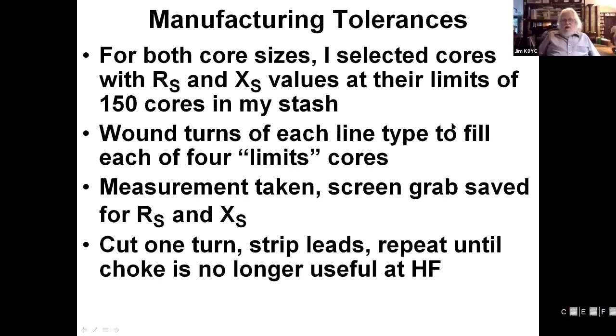So then I wound turns of each line type to fill each one of these cores, and this took a while. I made a measurement with the core full. Took a measurement, did a screen grab, saved it, cut one turn, stripped the leads so that once again I'm looking at zero length leads.